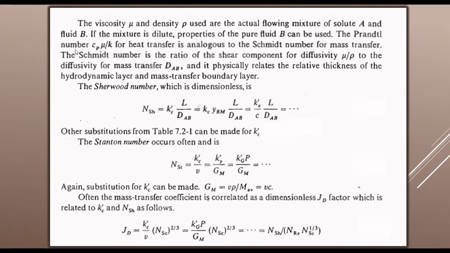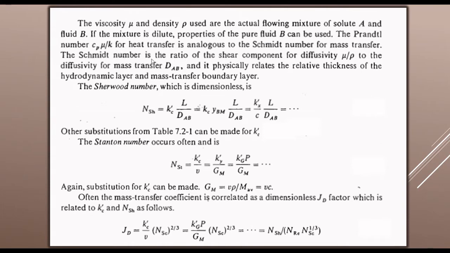Now, the Prandtl number, which is the ratio of the product of the Cp and the mu with k for heat transfer, is actually analogous to this Schmidt number for mass transfer. So the equivalent of the mass transfer Schmidt number in heat transfer is our Prandtl number.